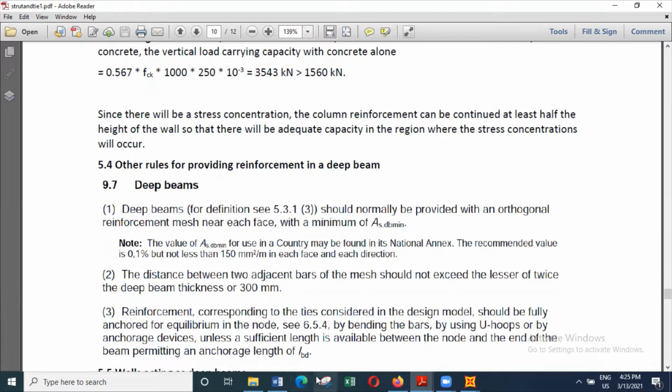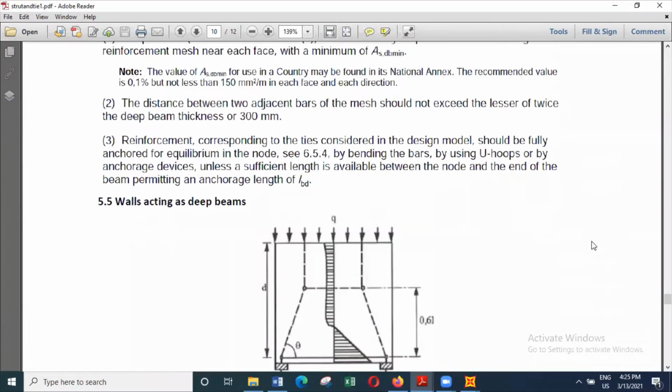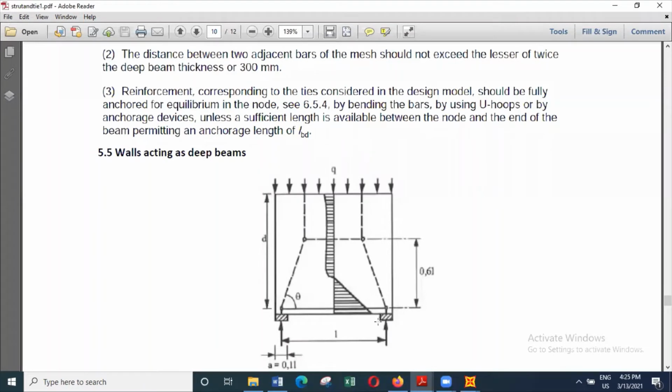And in case it's not a deep beam specifically meant as a deep beam, it is a wall acting like a deep beam, because this is a concrete wall that is used in the building. But at the ground level, we are trying to support it only at the two ends.